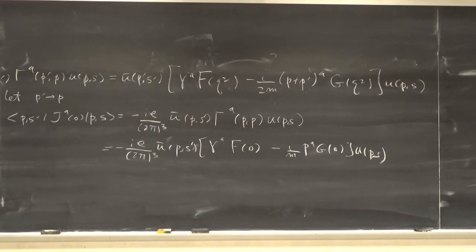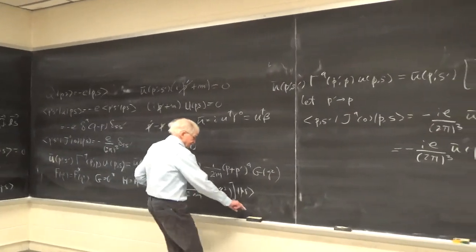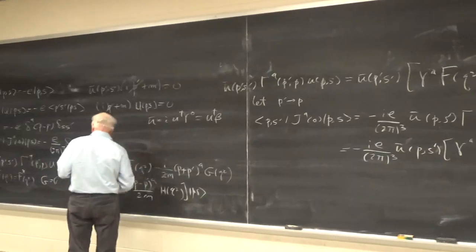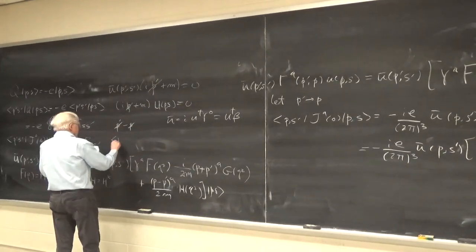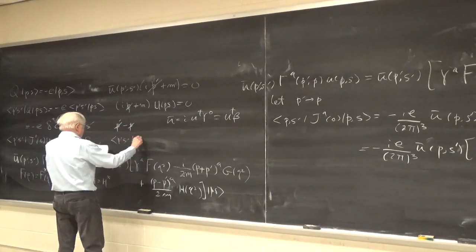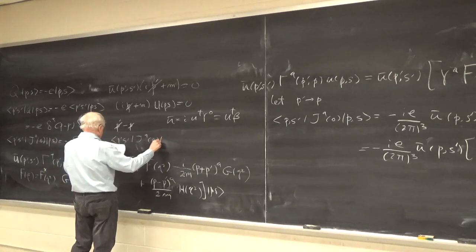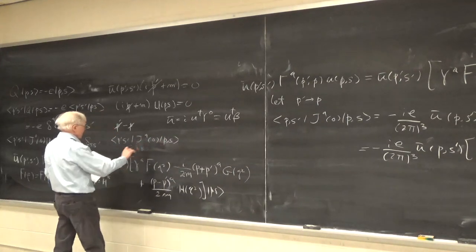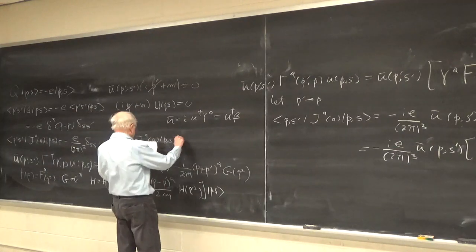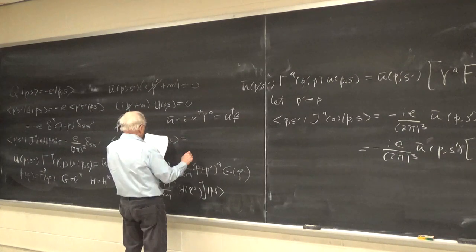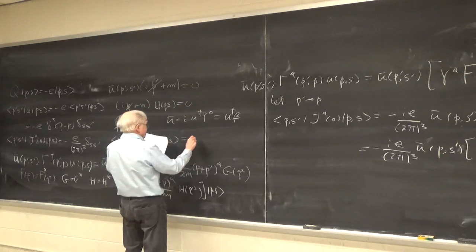What I skipped at some point here was, namely, this matrix element that we've been looking at. Weinberg defines gamma A in terms of it.